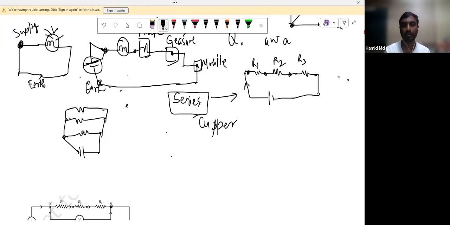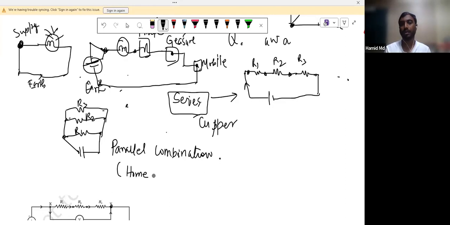This will be load 1, this will be load 2, resistor 2, resistor 3. This is just stacking on one another. This is called the parallel combination. Clear?